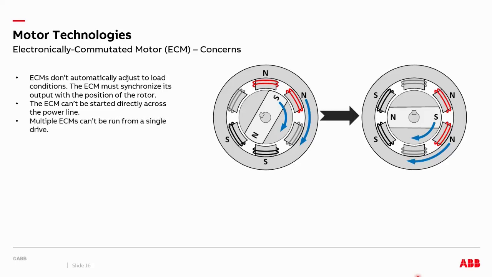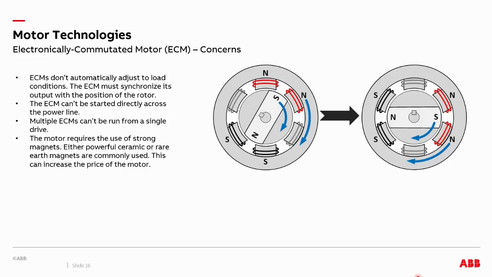It's not possible at this time to run multiple ECMs from a single drive. They all have to be synced up. So that's why we do a one-to-one. And the motor requires the use of strong magnets. So either powerful ceramic or rare earth magnets are commonly used. And as we've seen in the past, those rare earth magnets are very hard to maintain a good supply chain on.